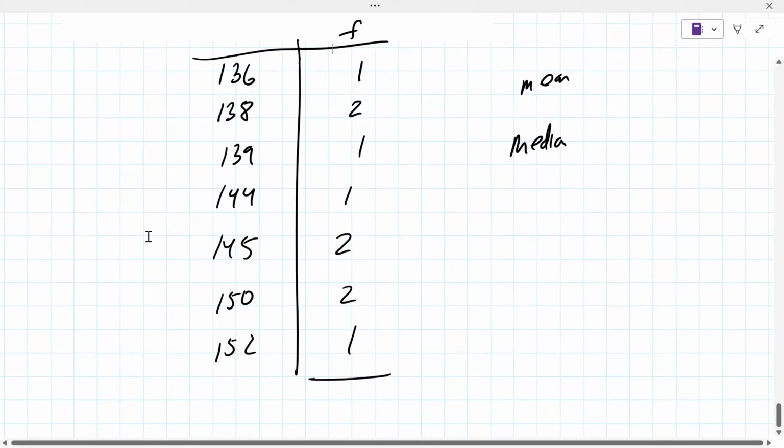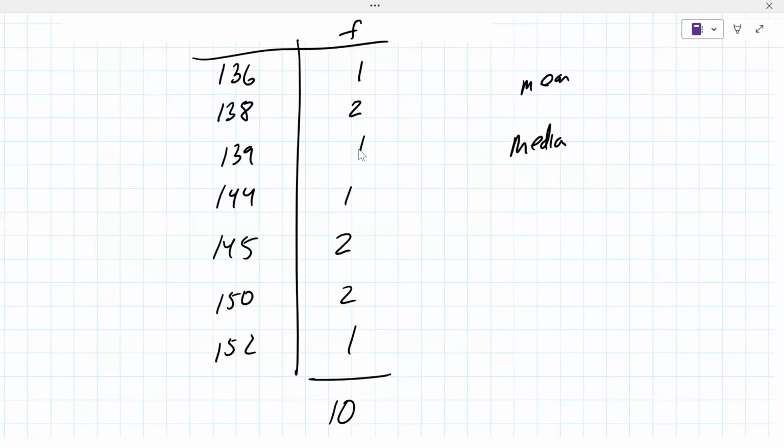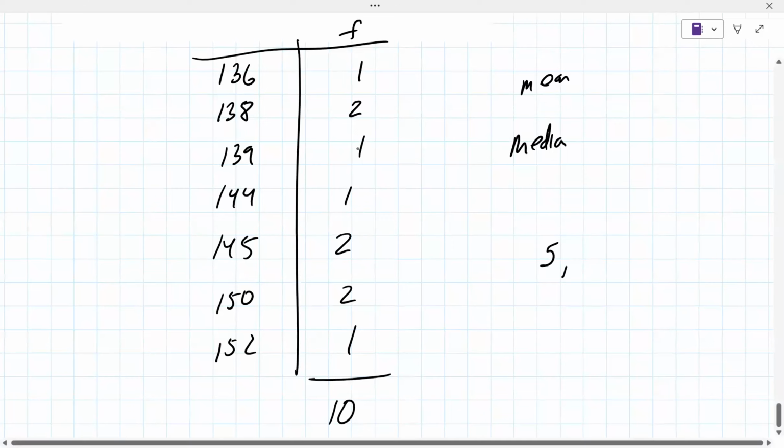There are 10 values. Yes, there are seven X's, but I forgot the frequencies. It's good to practice like the real test. So there's 10, which means the median is the fifth and the sixth value. That's why putting them in order is so important.